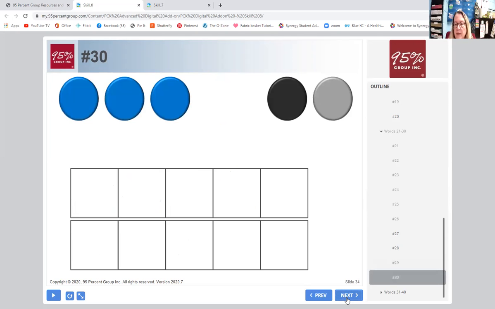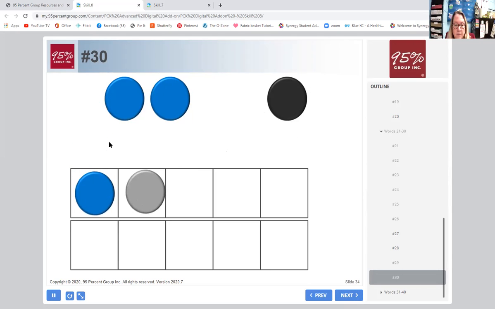Next word is the word port. Port is along the water, and it's a place where ships or boats would come in from the ocean and dock into a port. Port. So we need P, a consonant, OR, and then T. Ready?